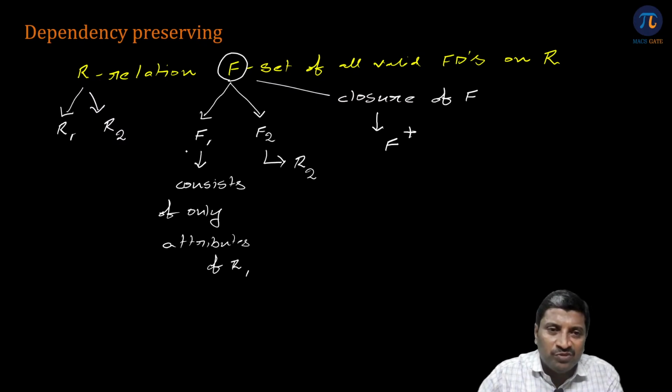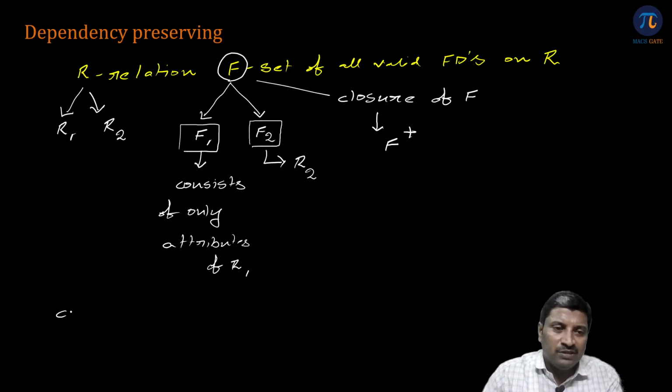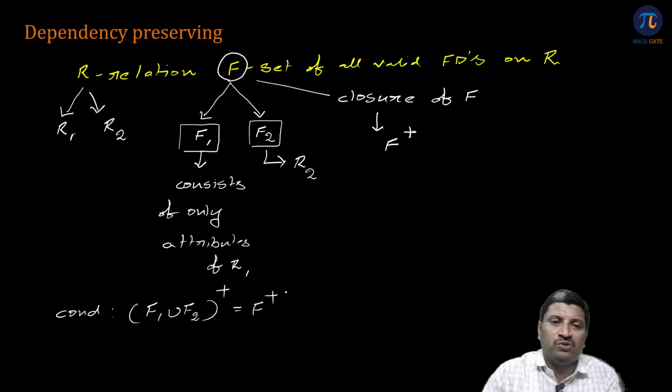Then suppose we are ready with F1 and F2. What are we supposed to verify for dependency preserving? The condition is (F1 union F2) closure is equal to F closure. That means I need to verify whether these two sets are equal or not.